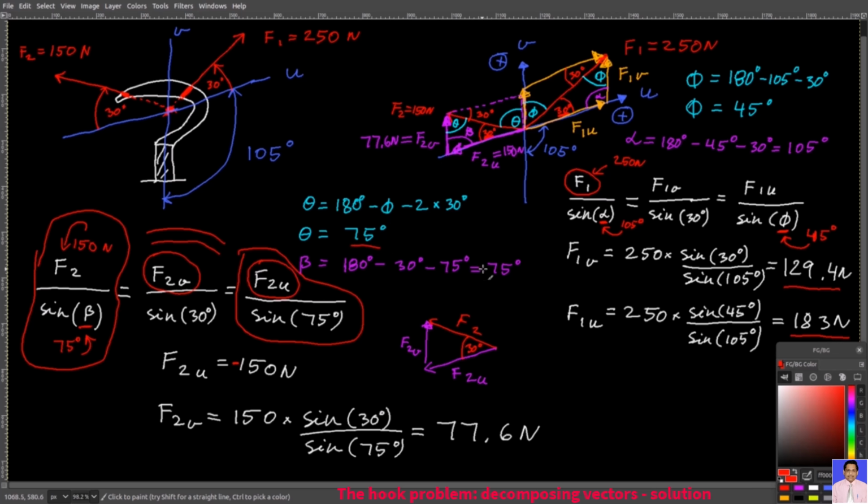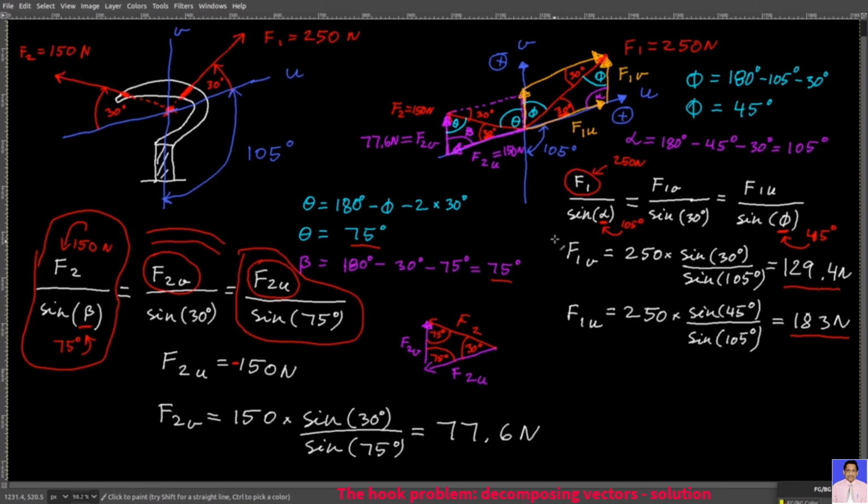They were both 75 degrees. So you have 75 degrees here and here. So since you have two equal angles here, it makes sense that these two sides, they are equal to each other. Both of them are 150 newtons. And there you go, you have decomposed both vectors along the u and v axis.